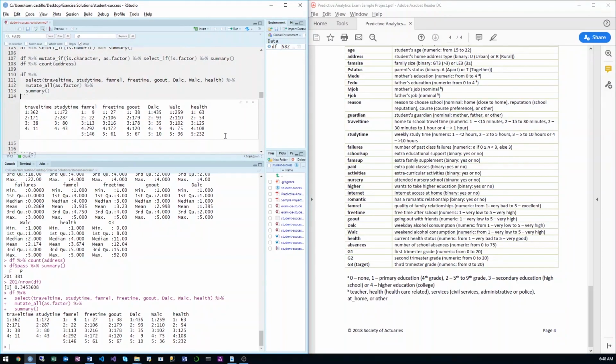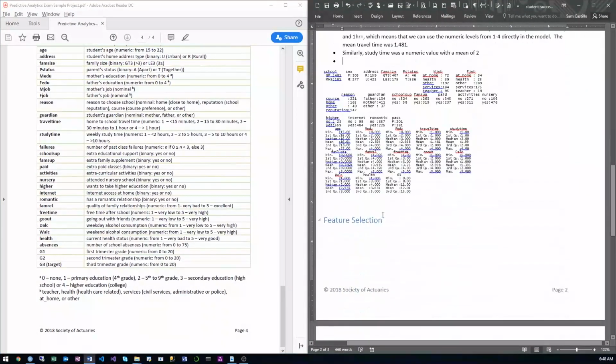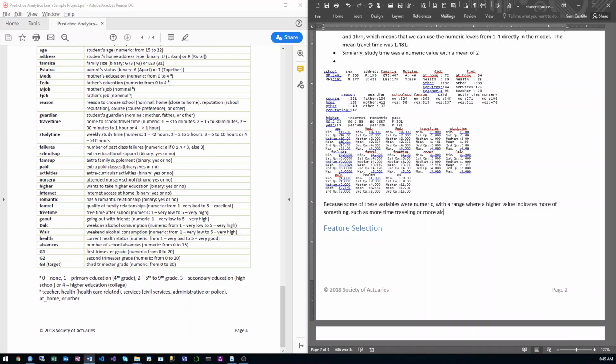I don't think they expect you to be able to do this. However, if you do get a question like this, it cannot hurt. Some of these variables were numeric with a range where a higher value indicates more of something, such as more time traveling or more alcohol consumed.